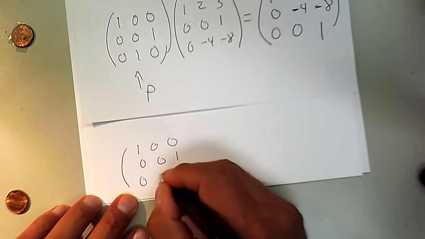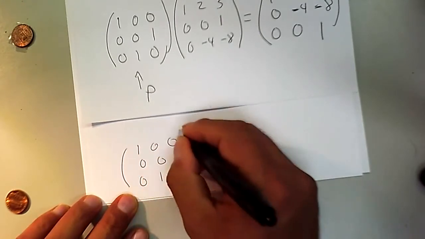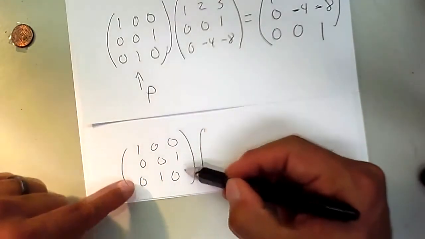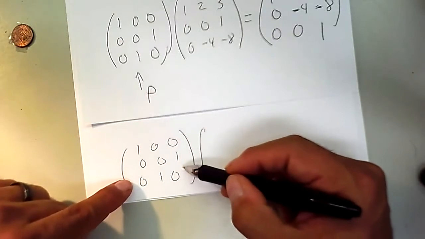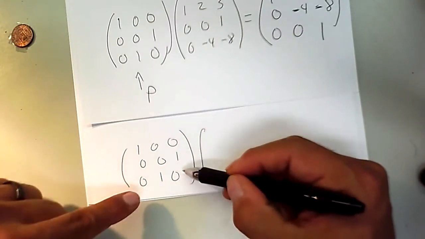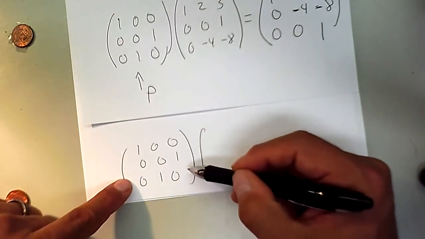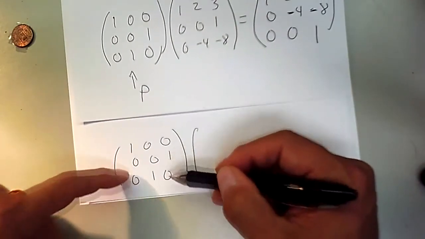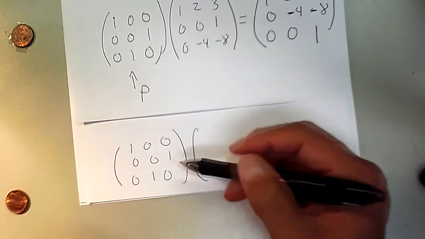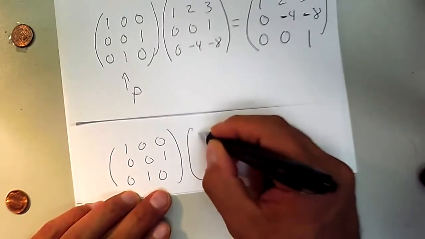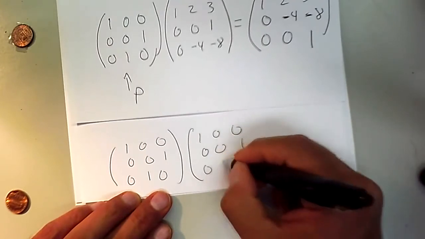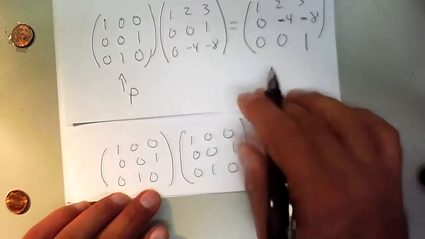Oh, this permutation, I understand this permutation, because let's just double check. This permutation changed the last two rows. You flip them, you swap them. So what other permutation will swap the last rows, will bring us back to the same? Well, itself. 1, 0, 0, 0, 0, 1, 0, 1, 0 will give us the identity.